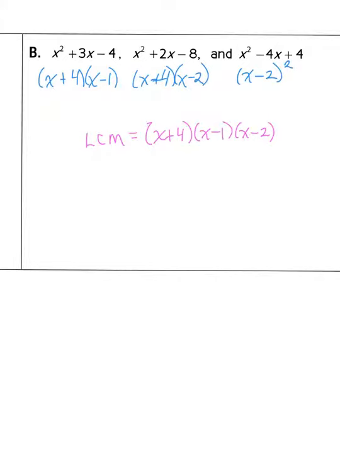The next one, x minus 1, only occurs in this first quadratic, and it only is to the first power, so we're only going to have 1 in our LCM. But the x minus 2 occurs here and here, but in this one it occurs twice, and that's the most that it occurs in any one situation. So we're going to put 2 in our LCM, and then this becomes our least common multiple.